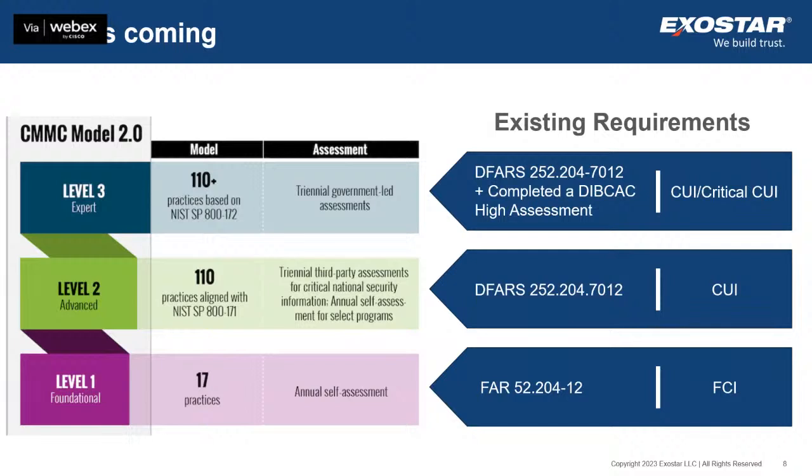Then, based on those current contracts that you've signed, that'll give you that indication of what CMMC level you'll be looking to satisfy if you just want to do what you're doing today. So if you've got those DFARS 7012 clauses, then you're at a minimum a level 2, and you'll need to be compliant with those 110 controls.